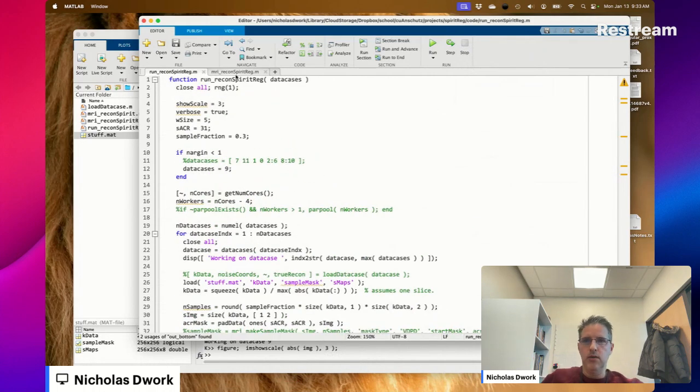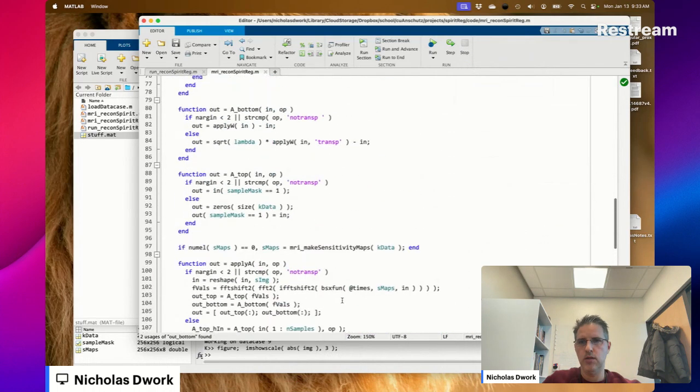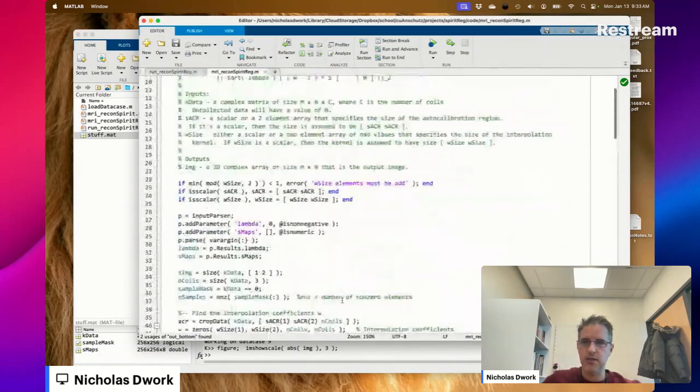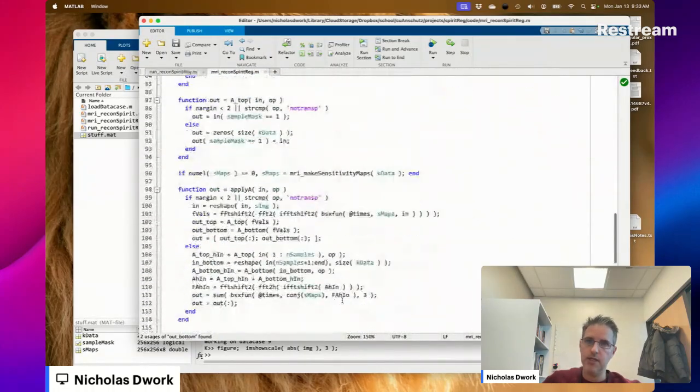Okay, so next time we can add the checks to make sure that the adjoints are going well. That would be a very good thing to do.